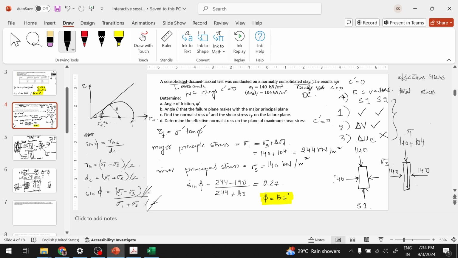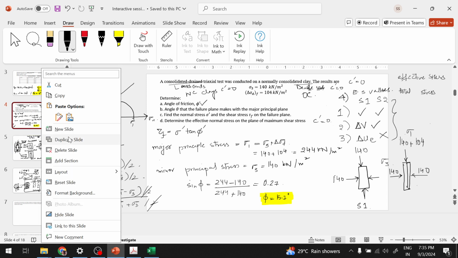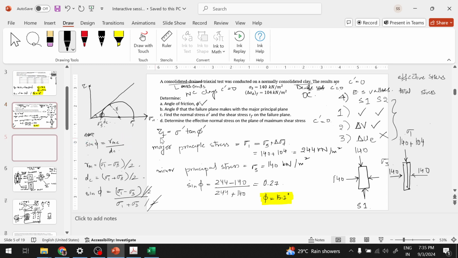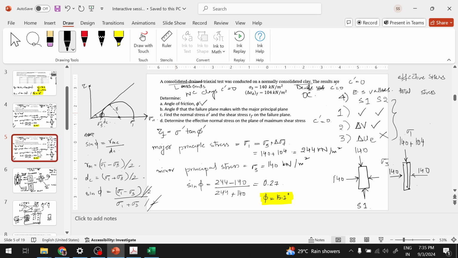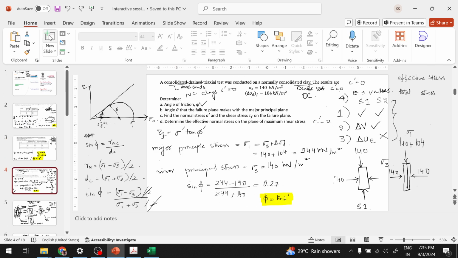So the next question: we found the phi dash. The second part is to find theta, which is the angle the failure plane makes with the major principal plane. And if we go back to your Mohr circle, we will recall... let me add an empty slide.